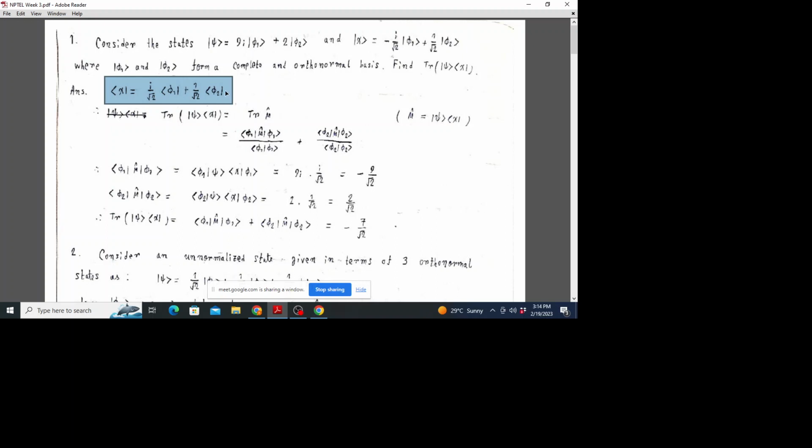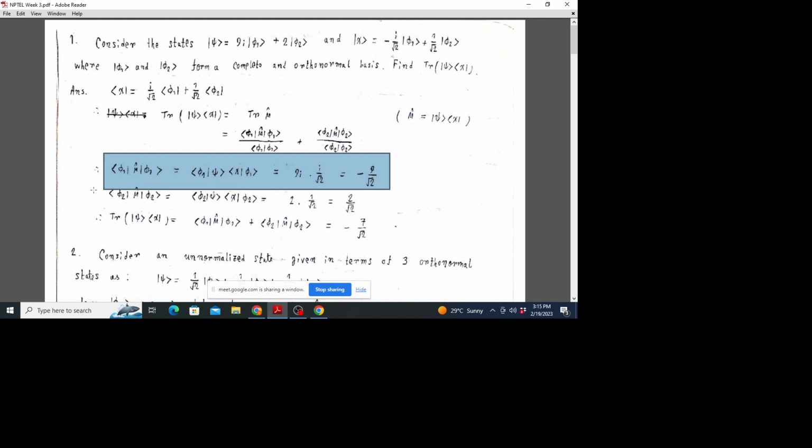Again, the inner product between phi 2 and phi 1 will be 0 because they are orthogonal, and the inner product between phi 1 and phi 1 will be 1, and thus you are left with i by root 2. So the answer of this inner product is i by root 2. Simple. Now multiply these and you get this first matrix element as minus 9 by root 2.